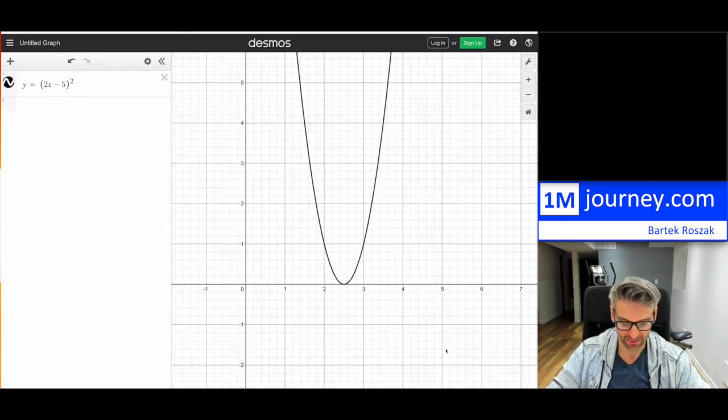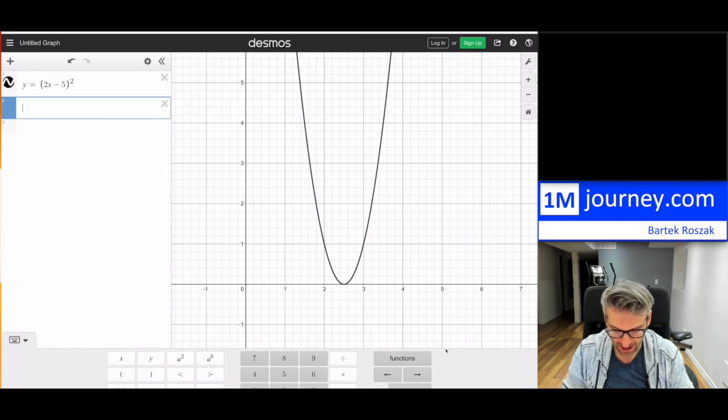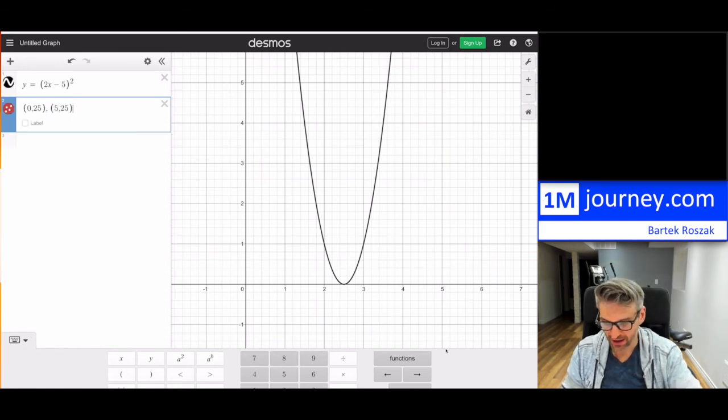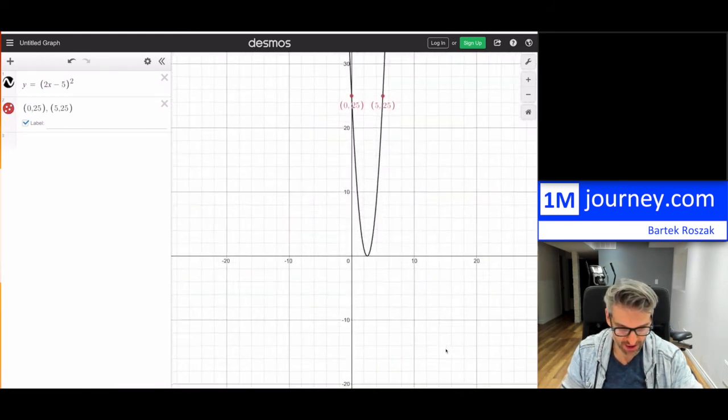Now my line of symmetry is going to go through that vertex point, and notice indeed it was 2.5, right? That's what we did. Now the points that I had found were 0, 25, and the other point was 5, 25. I'm going to label these. Well, that means I have to blow this up a little bit.